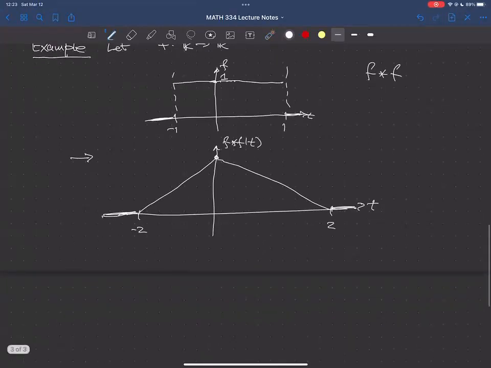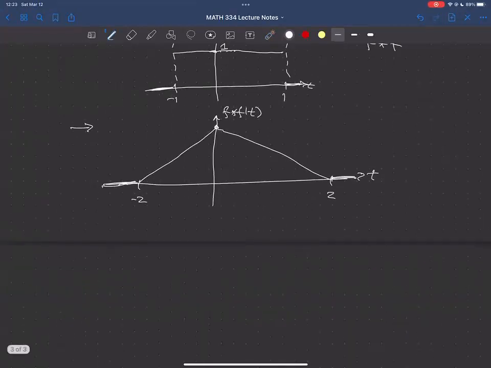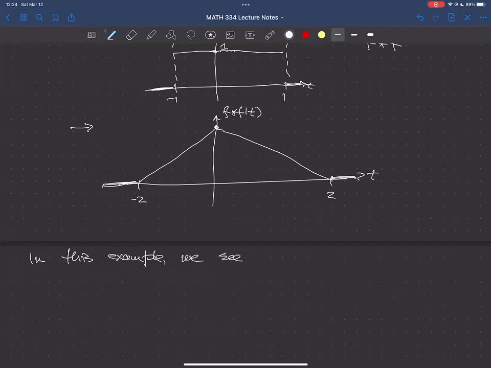All right, so we see that in this example, at least, and this isn't a theorem. This is just an observation that holds in quite a few examples. In this example, we see that the convolution does two things.